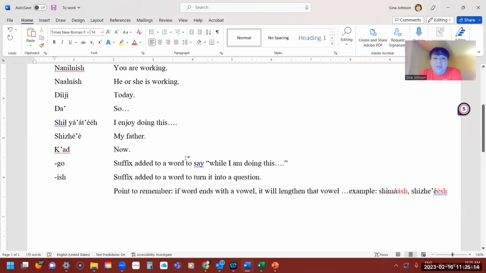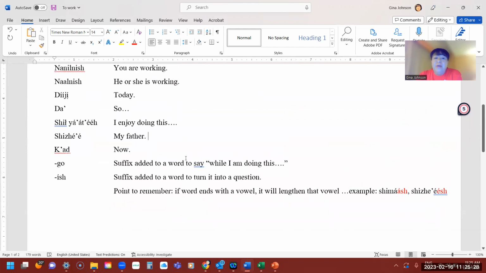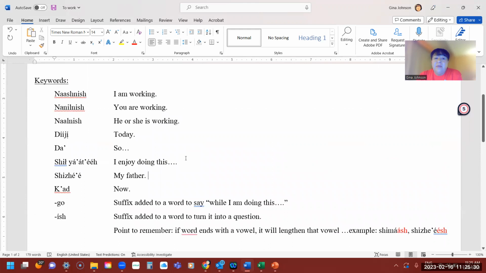Okay. So the sentences to learn. When I teach my classes, I usually break this up, and it takes a little bit of time to go over this because we will review the keywords and turn them into simple sentences. We will do a little bit of dialogue.